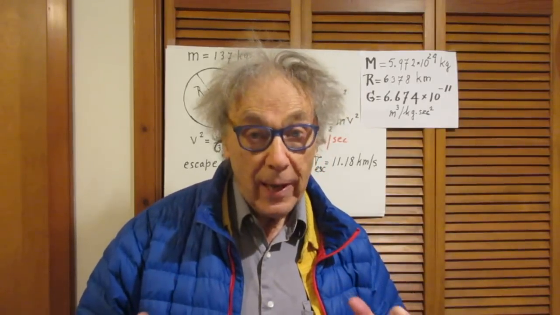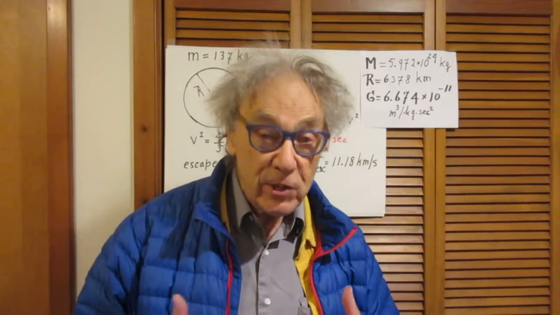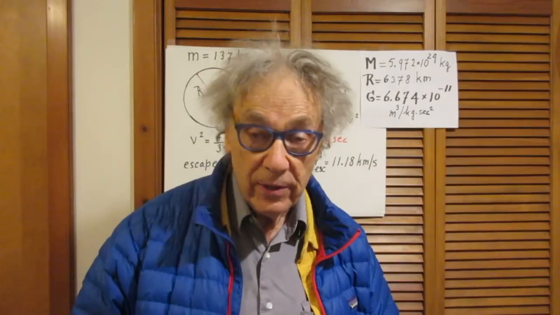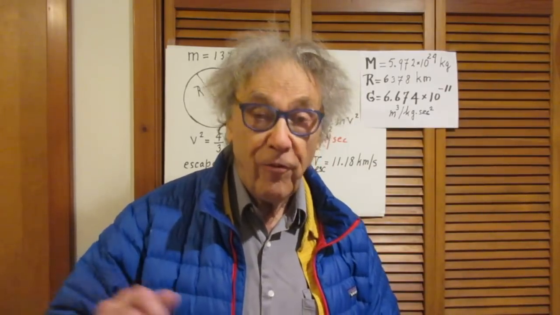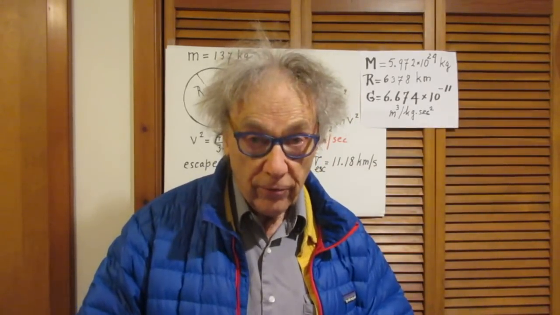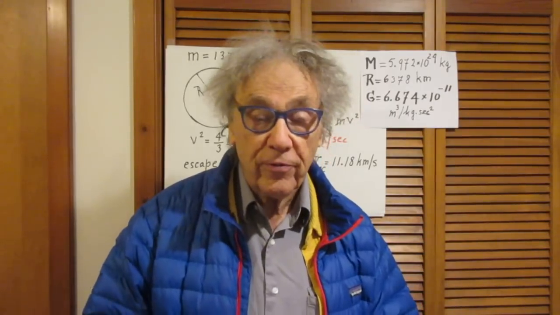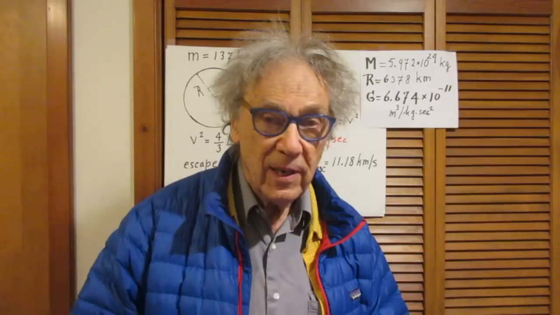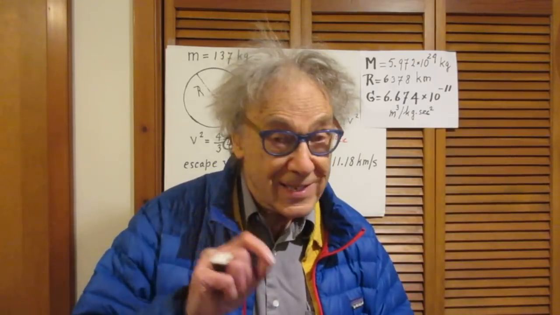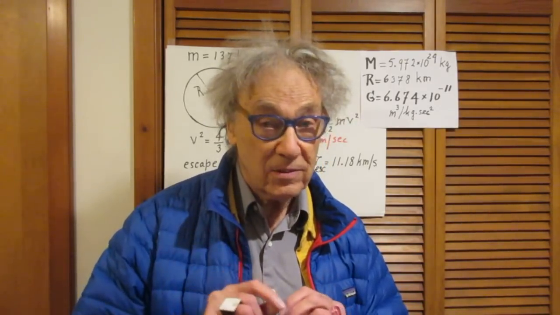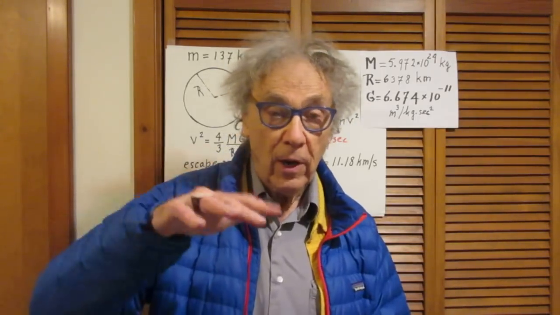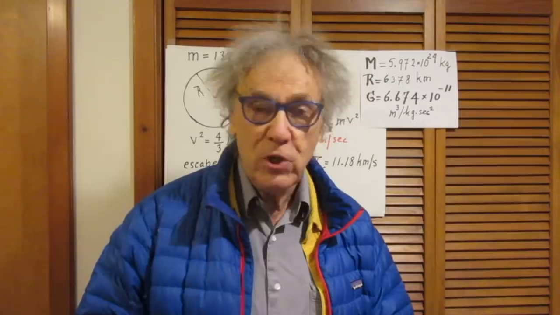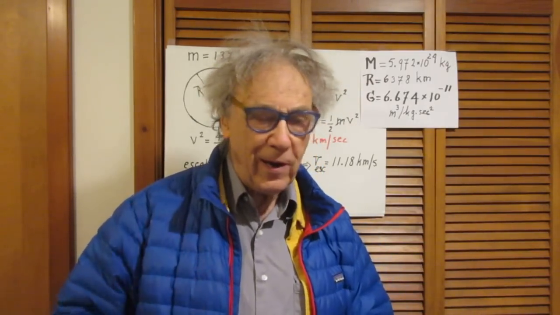If you cannot do this one, you may want to watch my A21 lecture, in which I discuss potential energy at distances far away from Earth. Near Earth, you can always define the potential energy as mgh, as long as this little g doesn't change. So if you lift up an object from the floor to the first floor, g is 9.8 meters per second squared on the floor and on the first floor.